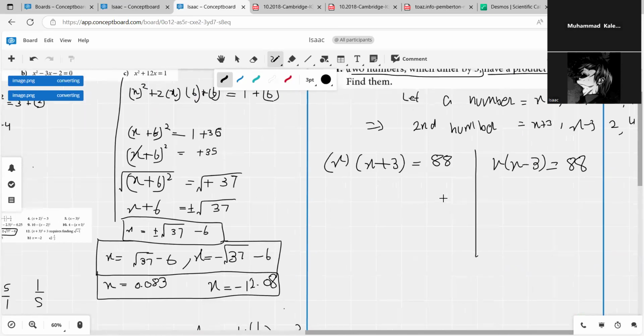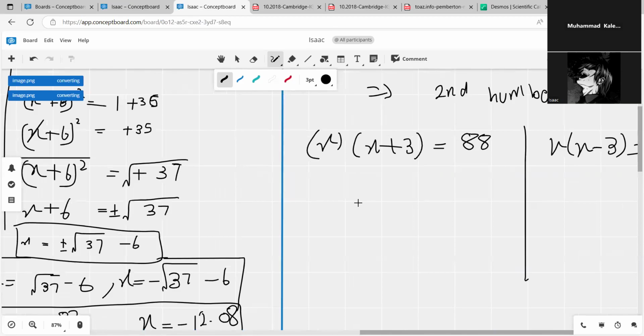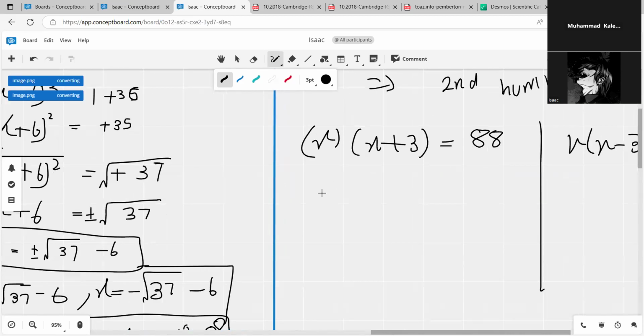Here I'm just showing you that we will get the same. Does this make sense? Okay, let's quickly solve it. We can use any method of our choice, since they did not mention a method.